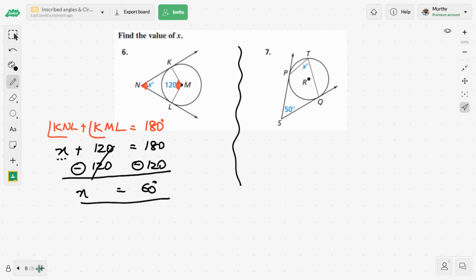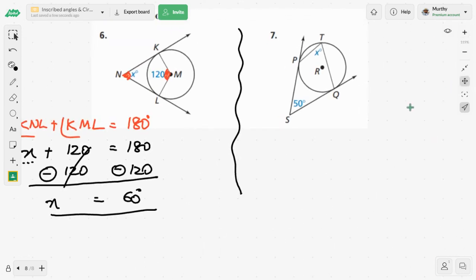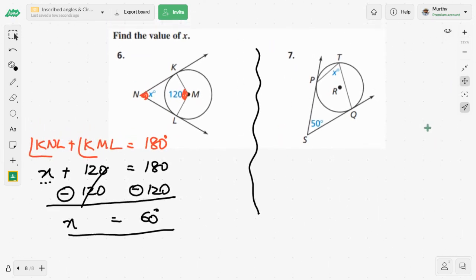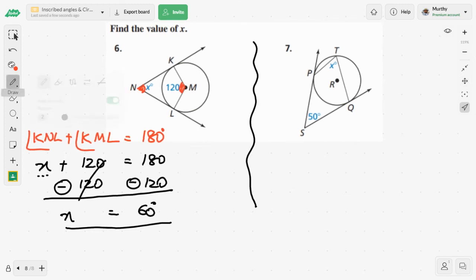And here I cannot use that condition. Why can't I use this condition? Let me zoom in. The reason is, again, please see the major difference between these two. I see that the angle formed by the two tangents is 50 degrees, no issue.